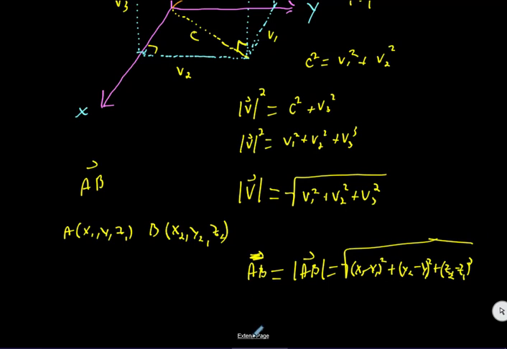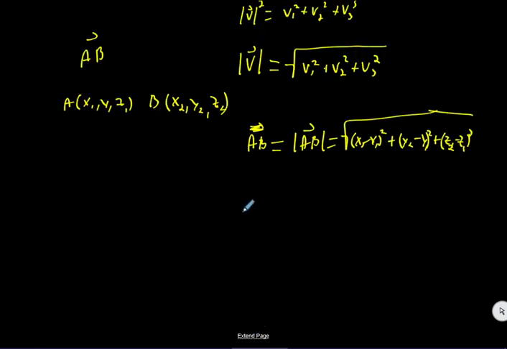The same thing happens for collinear vectors. If we have collinear vectors, then vector u is going to be some scalar lambda times v, and that holds just like it did in 2D. And the unit vector would be the same thing.